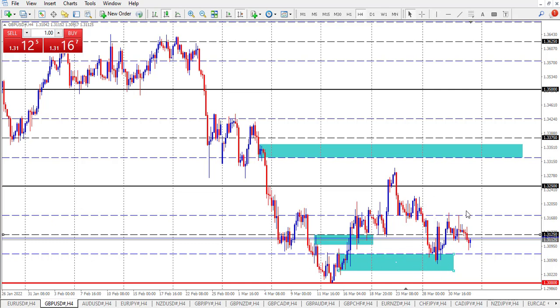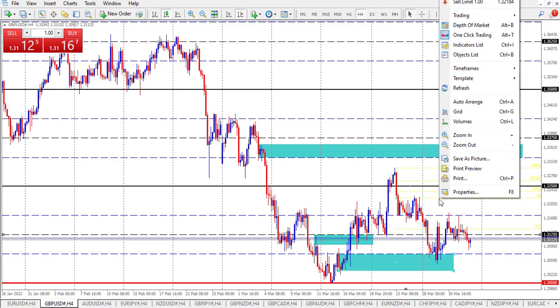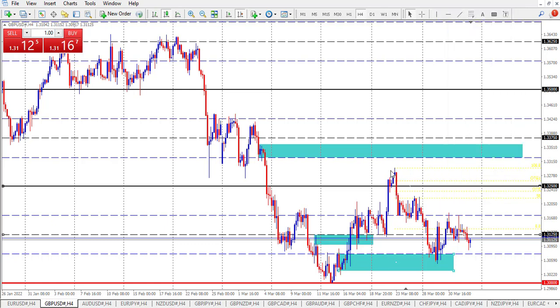We are expecting price to continue going up, take all this liquidity that you see in this area, and go up maybe to this area and retest this order block, and maybe expect a reversal from this zone.